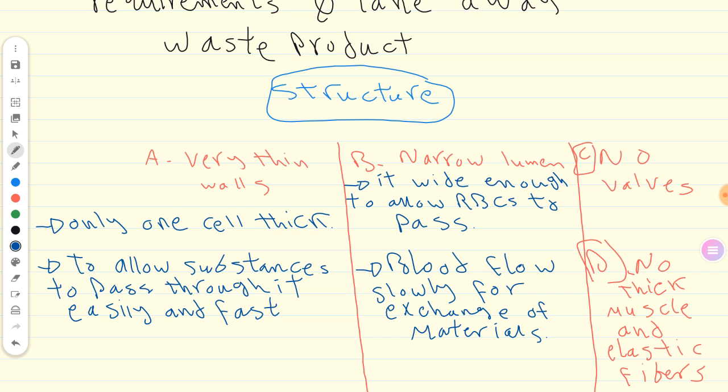So the narrow lumen makes the blood flow slowly to make the exchange of materials easier.